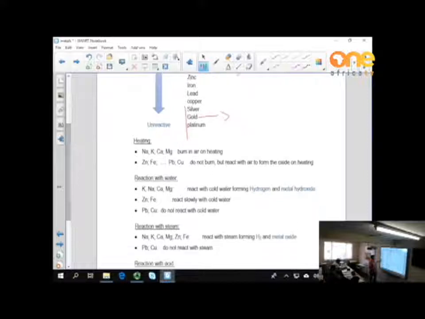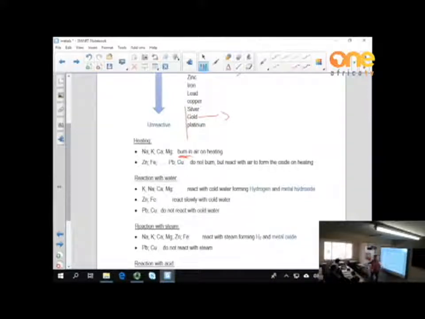If we heat the metals, the more reactive ones will burn with a flame. Sodium and potassium. Sodium has, if I remember correctly, a yellowish flame, and potassium has a purple flame.